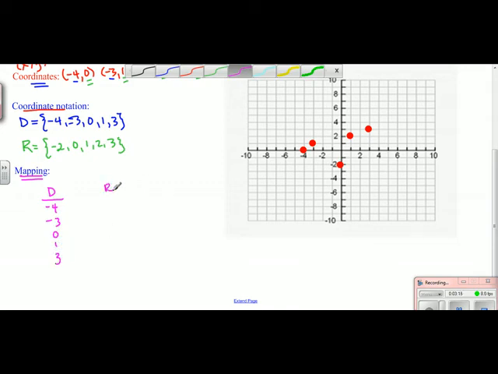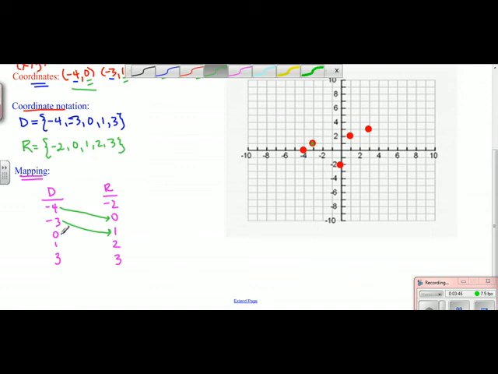We're going to do the same thing for our range. And then we're going to draw arrows that connect -4. It maps to 0. That was its partner up here. -3 maps to 1. That is the coordinate -3, 1, right there.